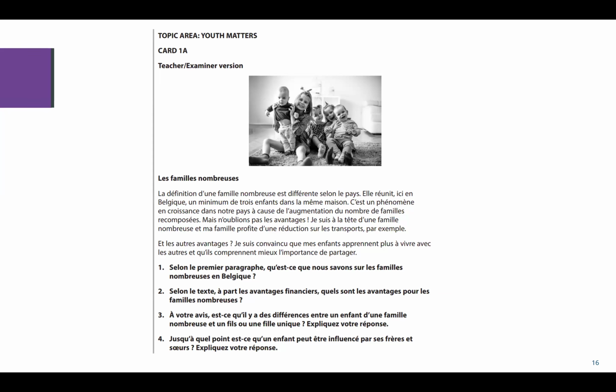The picture is there perhaps to help them, but it's important that your students see that there are 2 distinct paragraphs, because the first question refers to the first paragraph. And so you, as the teacher examiner, will ask question number 1, and you must ask it exactly as it stands on that piece of paper.